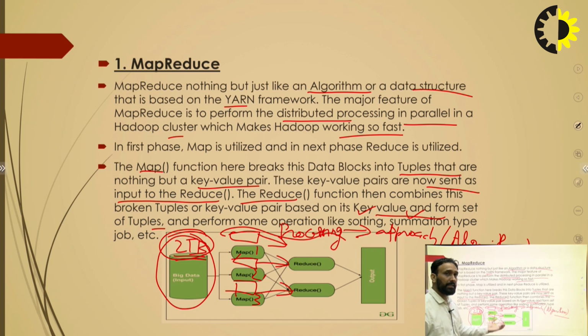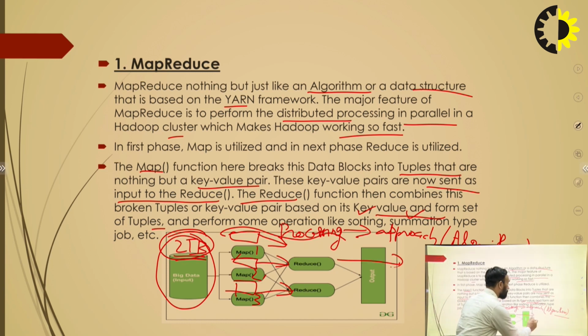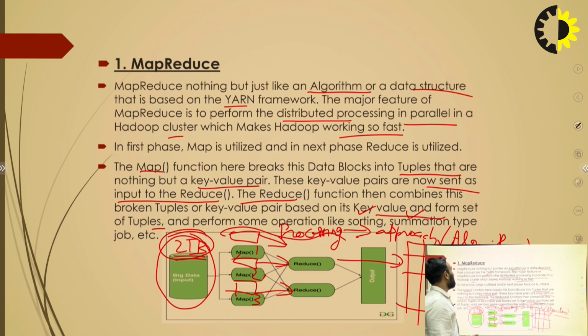If we are analyzing any website data, for example Amazon or Flipkart, that will give a consolidated output that will help in any analysis of the users. So that is the basic operation performed in MapReduce.